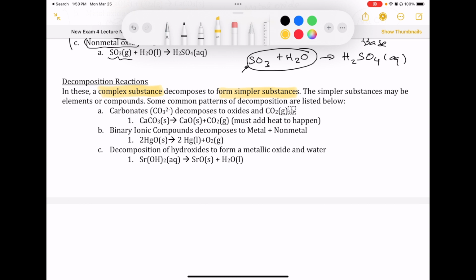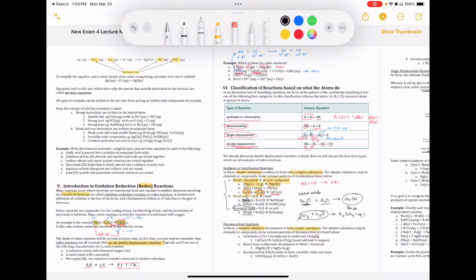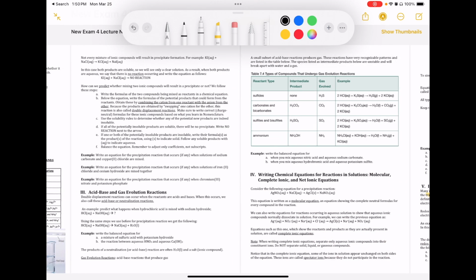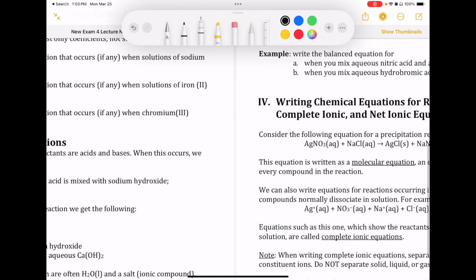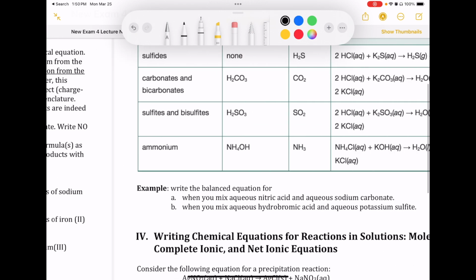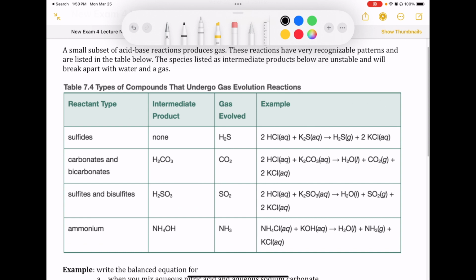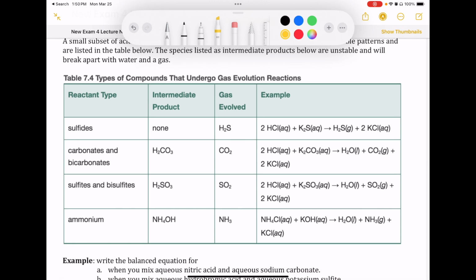Now, what are some examples of these? If you recall, one of the things that we talked about in the prior section on acid-base reactions are some of these unstable compounds. You remember these guys right here that I was mentioning to you before. I said that these guys would break apart to produce some gases, right? So we call it at that point a gas evolution reaction. So for example, something like H2CO3 would break apart into H2O and CO2.